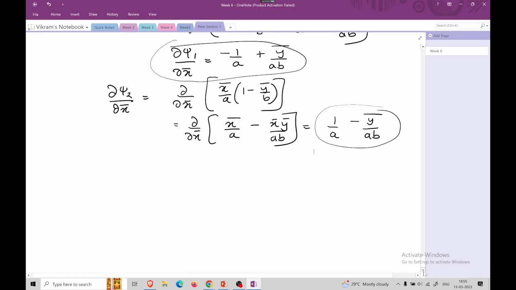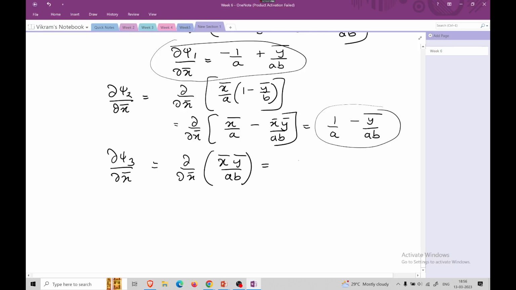Next is dou psi 3 by dou x. I am doing it for dou x bar, which is essentially the same as dou x only. So dou by dou x of x bar y bar by ab is simply going to be y bar by ab, since we are partially differentiating with respect to x, and y can be treated as a constant.